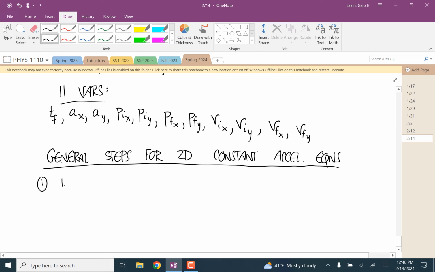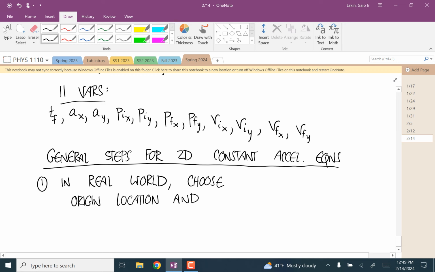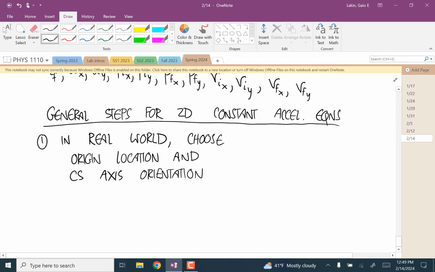So the first step is, in the real world, choose an origin location and a coordinate system axis orientation. And then choose an instant corresponding to time equals 0.